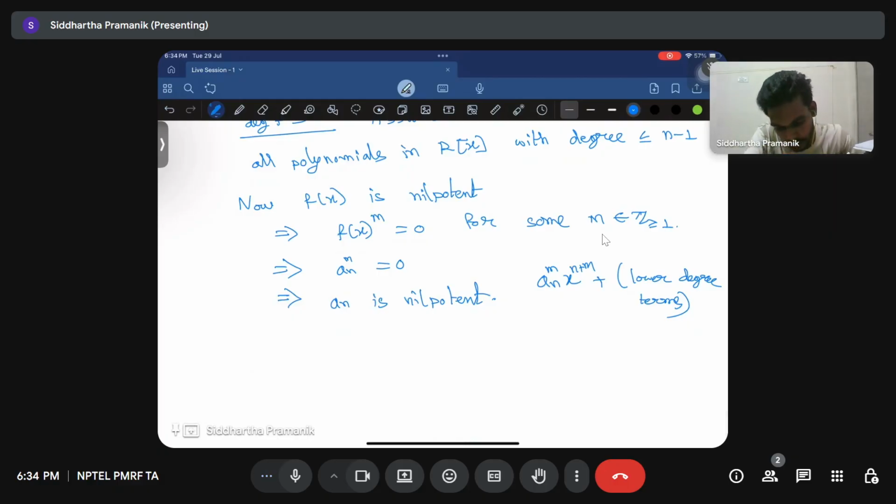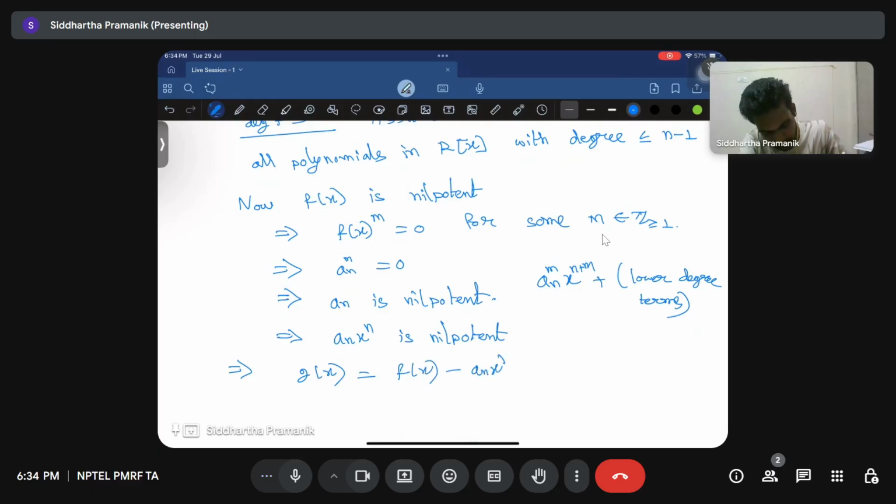Now again we will use the same trick. So that will imply an x power n is also nilpotent. So this will imply gx equals fx minus an x power n is also nilpotent. Because fx is nilpotent, this element is nilpotent, and nilpotent elements form an ideal, so their sum or difference is also nilpotent.